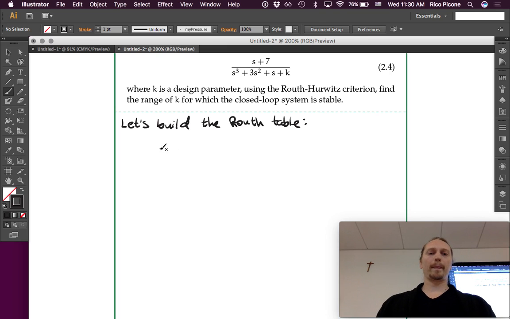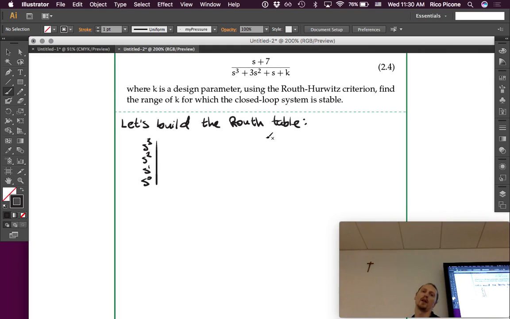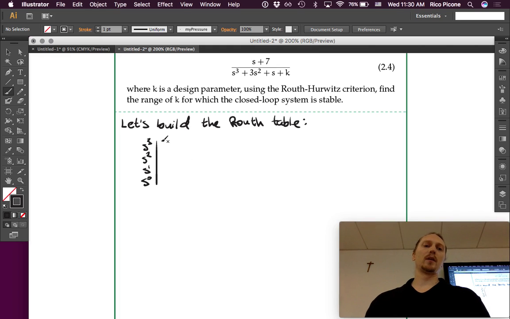So let's go ahead and first draw our column here. So we have s cubed is the highest order, s squared, s to the 1, s to the 0. Those are our row labels.